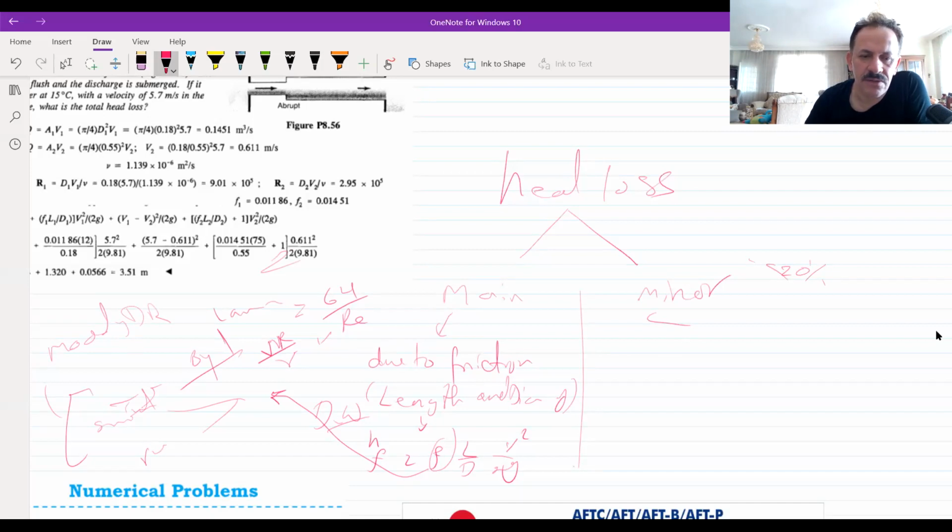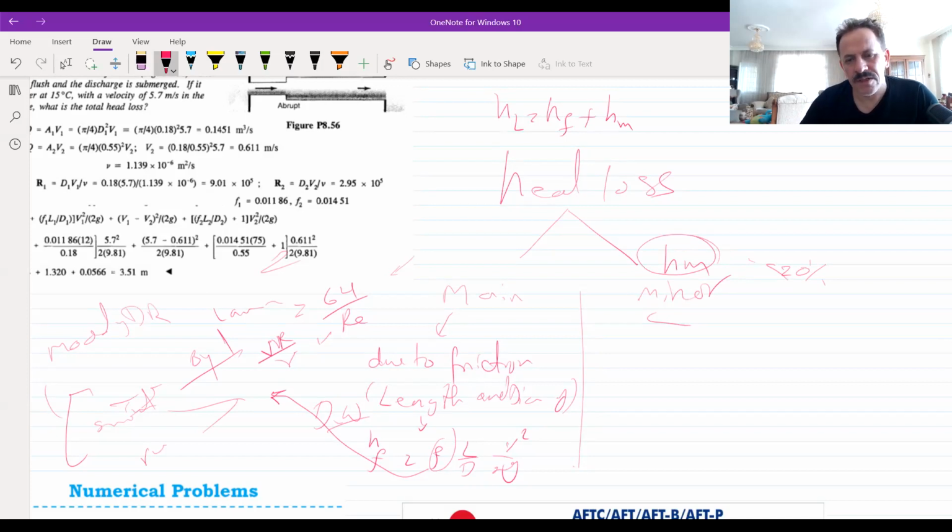So we find the friction head loss and add 20% of that, or multiply it by 1.2. Then we can consider that the total head loss. So the head loss is the friction head loss plus the minor head loss, H minor.